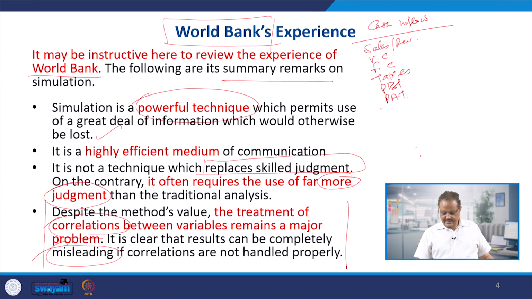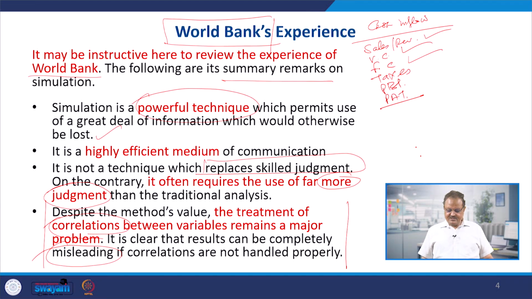So when you assign the value of the sales or revenue, you then link to it the variable cost and the fixed cost associated with the project. There has to be some correlation: when you change the sales level from one simulated scenario to another, you have to change the variable cost accordingly, and look at whether the fixed cost also changes at different levels of sales or not.